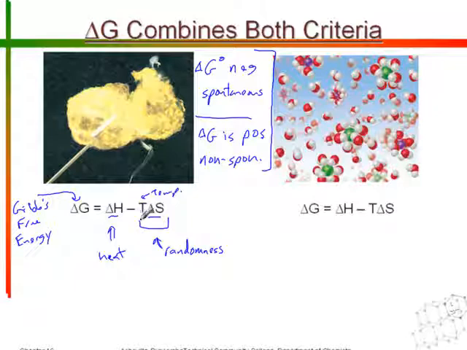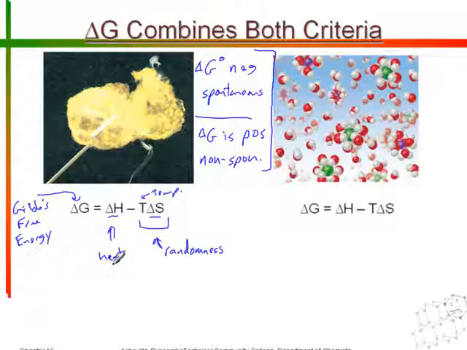So let's look at two processes that we know are spontaneous. Let's get an amen from the Gibbs free energy and see how it's factored into this part of the discussion. Now, I'm not going to put a lot of numbers with this.